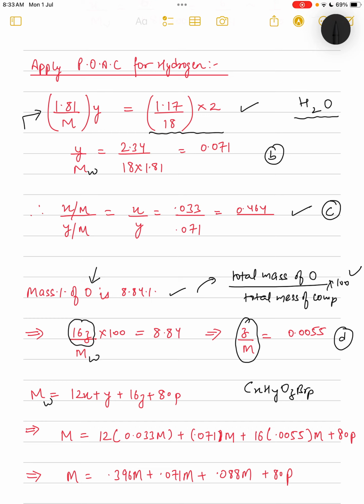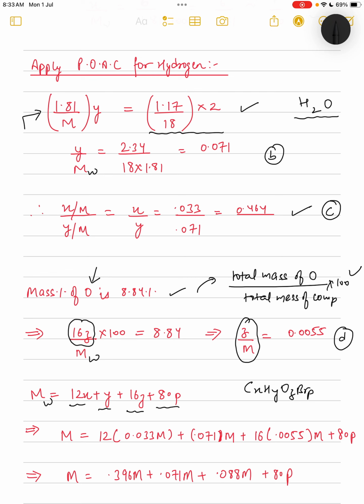So to write the molar weight of this hydrocarbon, I will do what? One carbon atom mass is 12, so 12x. One hydrogen atom is 1, so y. One oxygen atom mass is 16, so 16z, plus one bromine atom mass is 80, so 80p. This is the molar mass of hydrocarbon: 12x plus y plus 16z plus 80p.